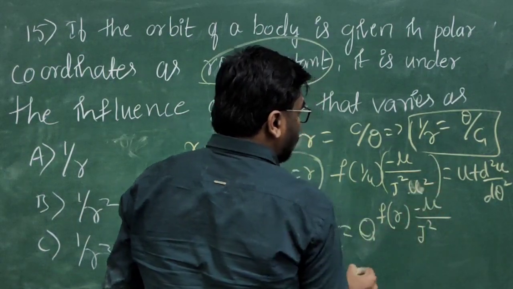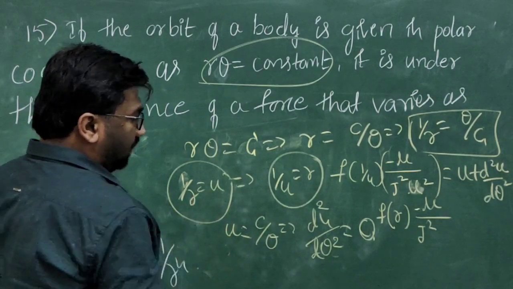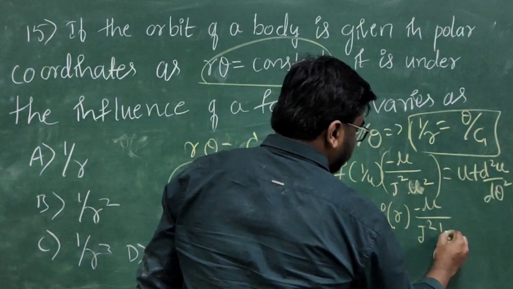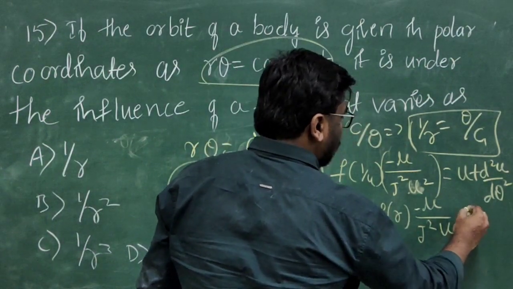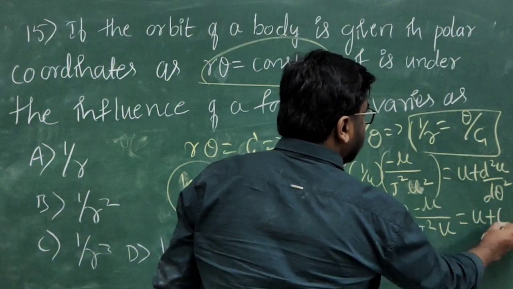So what is u? U is nothing but 1 by r. So write as it is, u is equal to u plus 0.